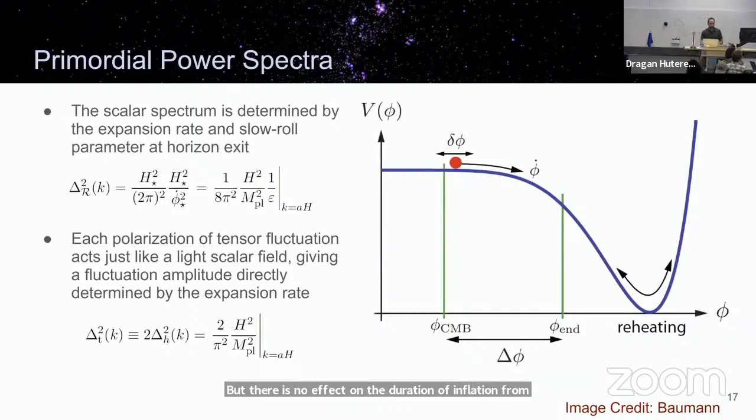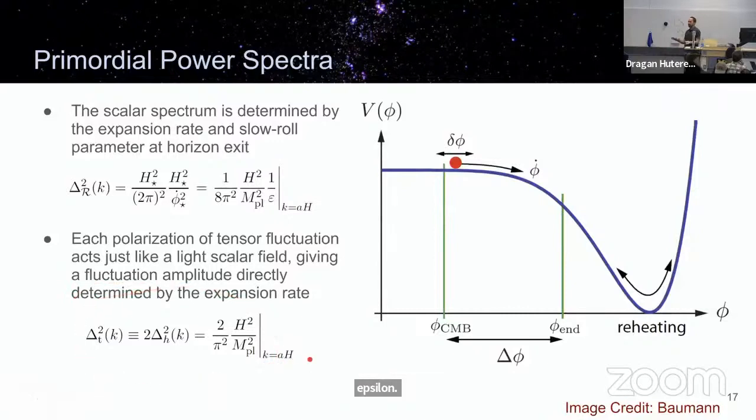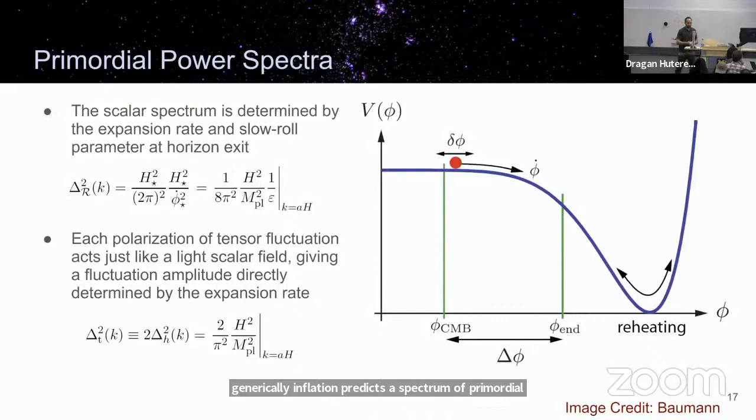And so as a result, you predict for the tensor spectrum something that just goes as H squared with some constants, with no factor of epsilon. So this prediction is the statement that generically inflation predicts a spectrum of primordial gravitational waves which is proportional to the Hubble rate during inflation squared.